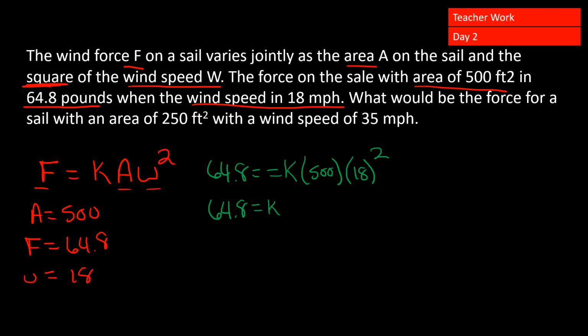Well, 18 squared is 324 times 500. Okay, that would mean that K times 162,000. Okay, we then want to divide both sides by this 162,000.